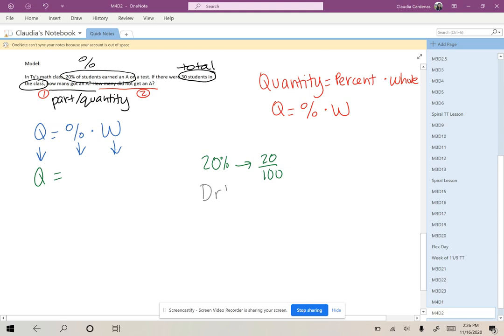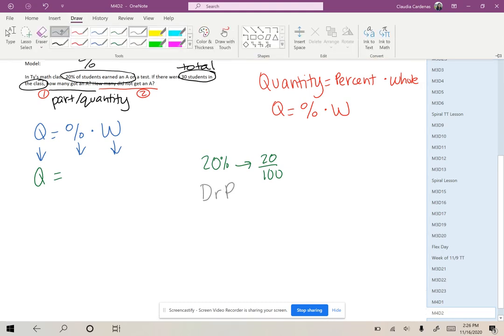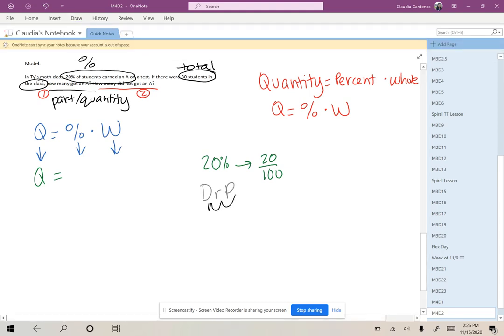I remember we convert using Dr. P, and we move the decimal point over 2 places to the left, dividing by 100 to make it a decimal. So 20% has the decimal at the end, since it's not present anywhere else, and moving it over 2 spaces makes it 0.2. That is going to go in the place of the percentage.